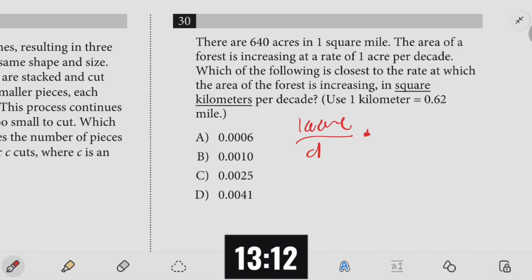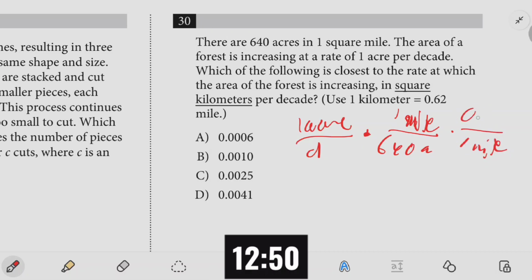We might not finish. An acre per decade. Okay, let's see. Acre. 1 square mile. 640 acres. 1 mile. Shoot. 1 mile, and then 1 mile is simple dimensional analysis.